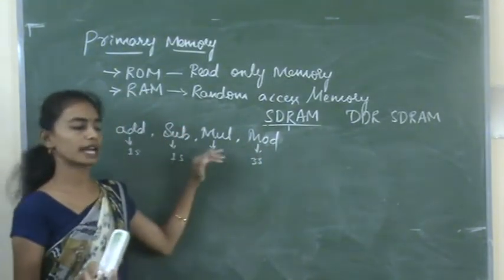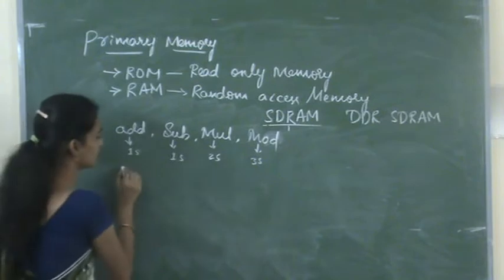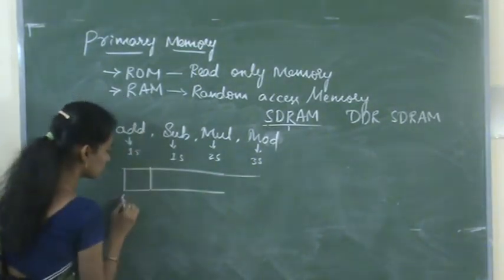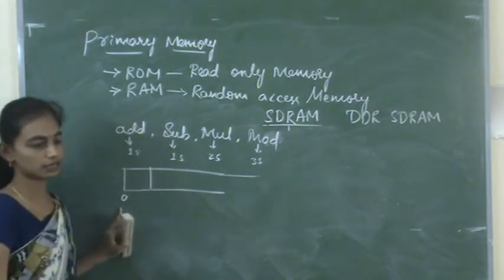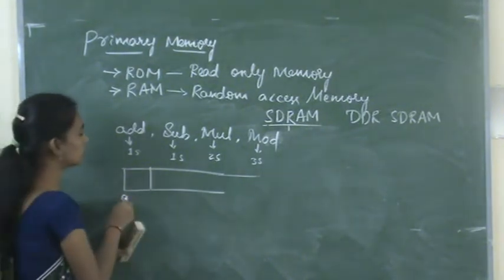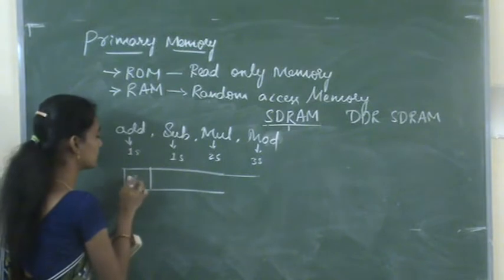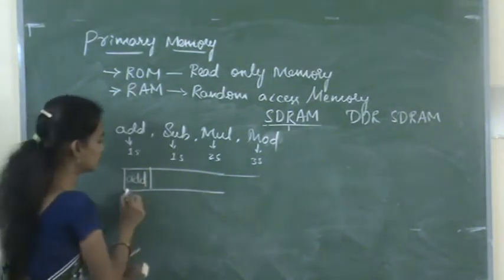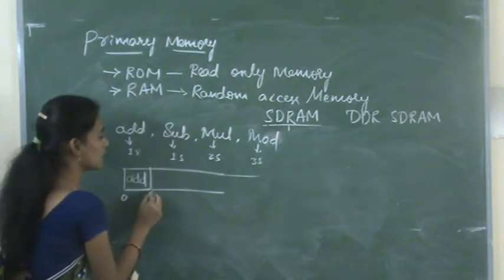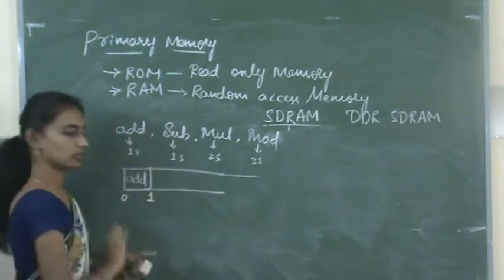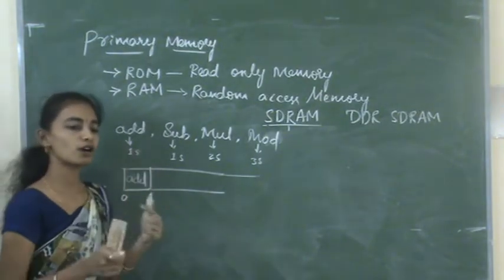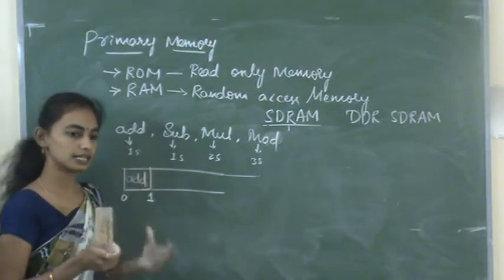If the CPU performs the operation, it starts at the 0th position. When it starts the addition, it will complete the addition operation within 1 second. So this is synchronization: we are performing the operation at the same time.